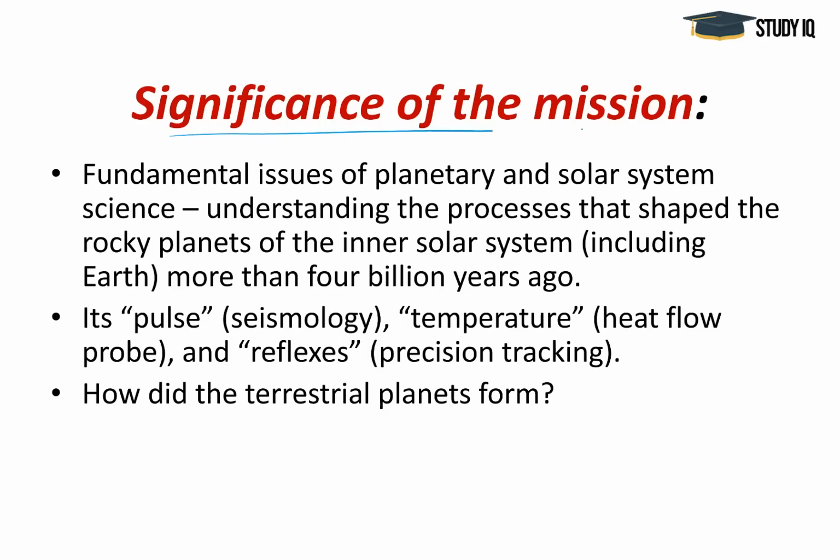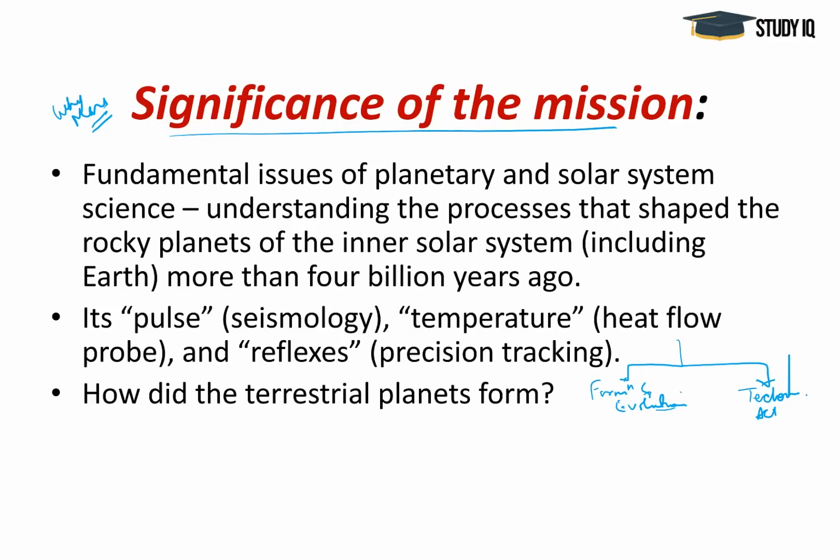So now what is the significance of the mission and why have we chosen Mars? Okay, so these are the fundamental questions of the mission where we'll study the objectives. The two main objectives of this mission are that we will study two important things. First is the formation and evolution of planets, then the tectonic activity of Mars.